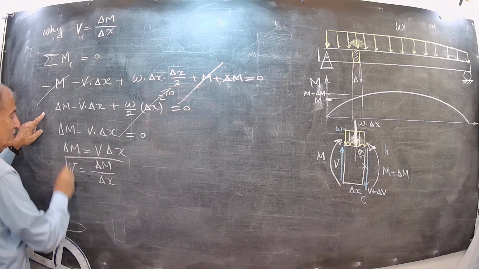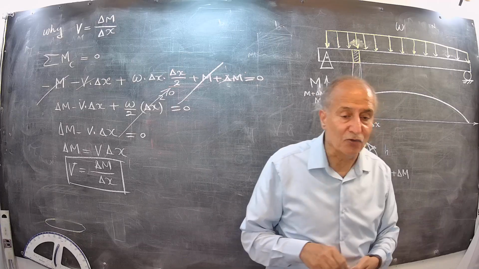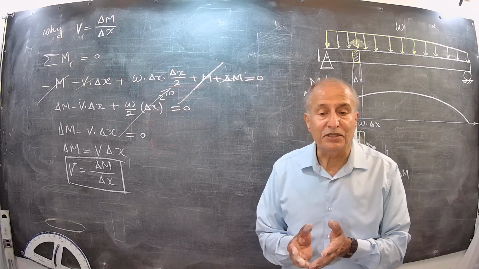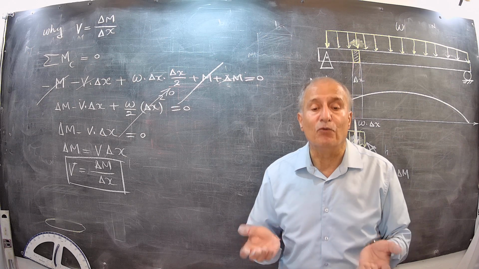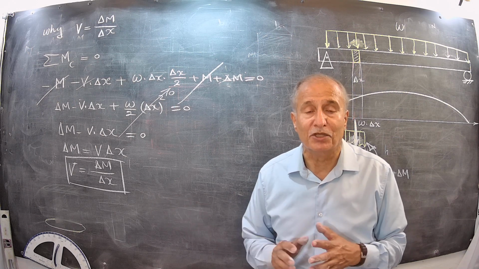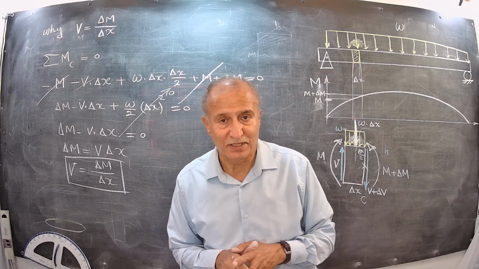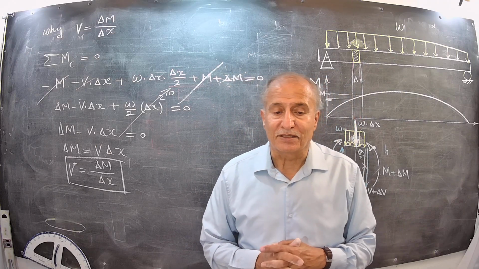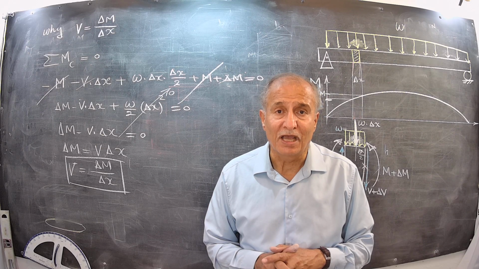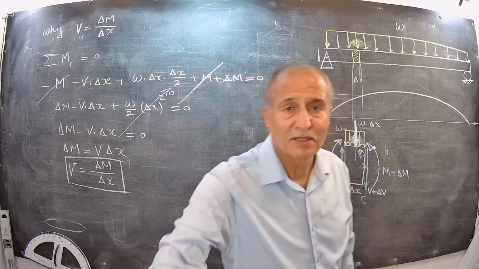This is why in some videos, for this ratio, we always say that delta M over delta x, or the derivative of M with respect to x, if you write the equation of bending moment in terms of x, is equal to shear force. And this is the relation between bending moment and shear force in a beam. Thank you for watching. Bye now.